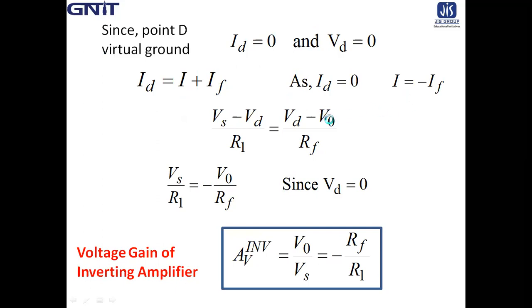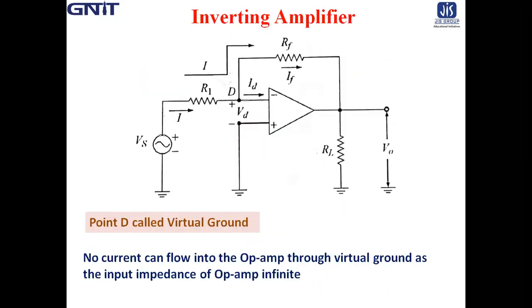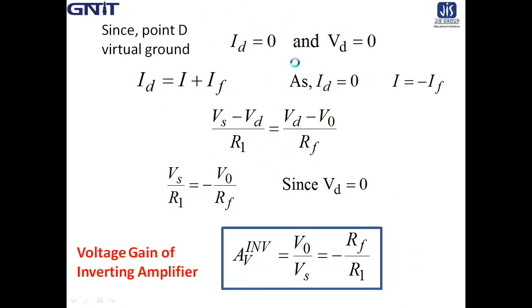Now apply KCL at point D, which gives Vs minus Vd by R1 equal to Vd minus V0 by Rf.